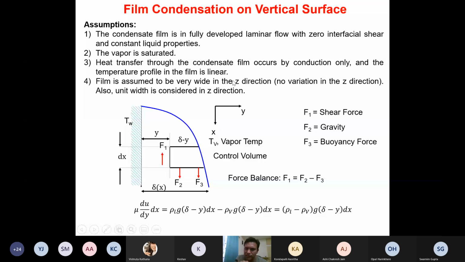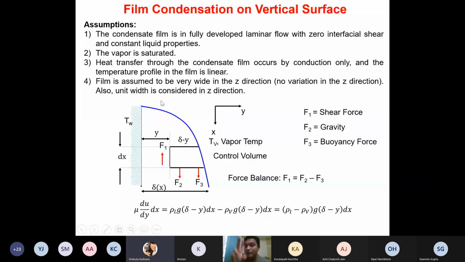So there is no variation in the z direction; this uniform film as shown here is the same across the z direction. For simplicity, we are calculating everything per unit width of this plate along the z direction, and therefore we are assuming this width as 1. So we say very wide, and then we say unit; basically we are calculating everything per unit in the z direction. Is it clear to everyone?